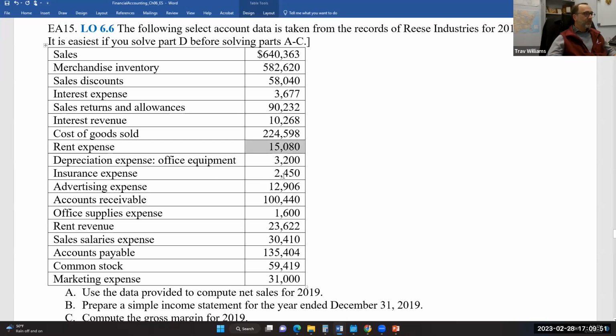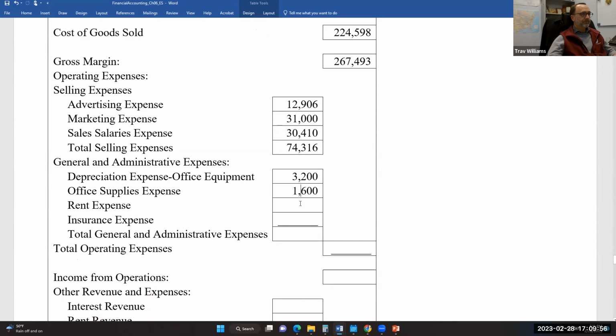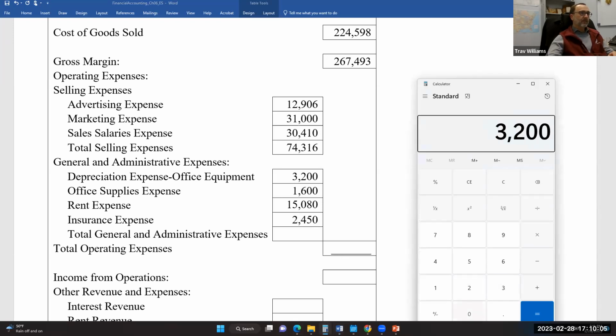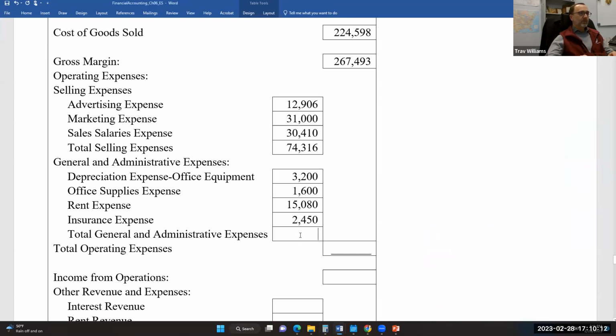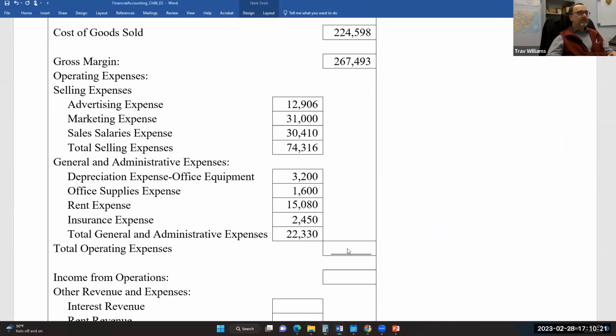And then we need an insurance expense, 2,450. Okay. Okay, great. Now let's add up all these general and administrative expenses. $22,330. That is our total general and administrative expenses. We'll add that to our selling expenses, and we get 96,646. Okay.